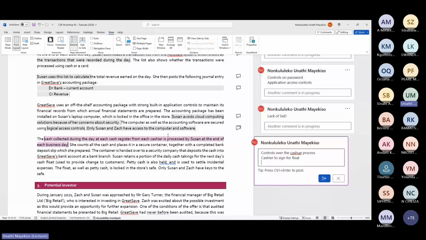And then also, if there are any shortfalls, what are the controls around that? Are those documented somewhere on a cash-up sheet? So they should have a cash-up sheet. There should be appropriate documentation there. What else? What's the purpose of the cash-up?